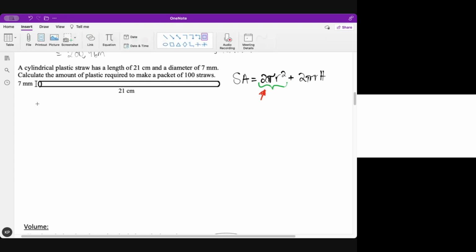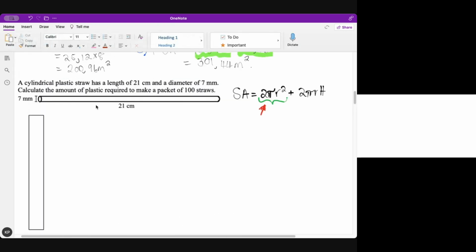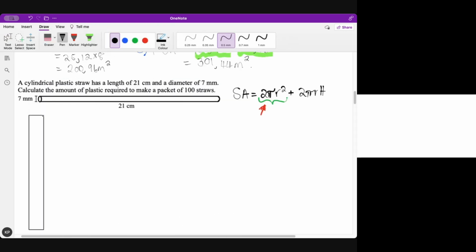And we have established that that wrapping around is a rectangle. So imagine you're taking this and you're going to fold it over into a straw. Does that make sense, guys? You're folding it over into a straw.